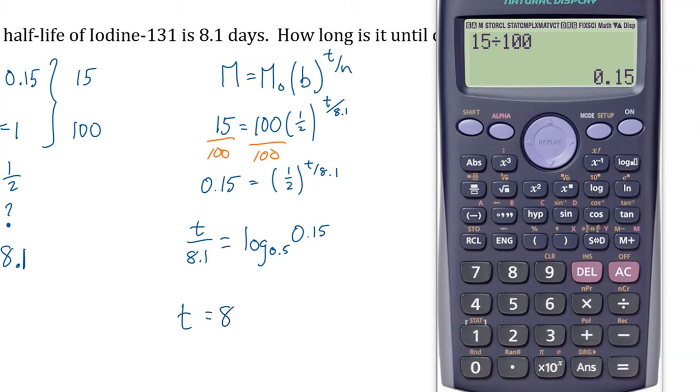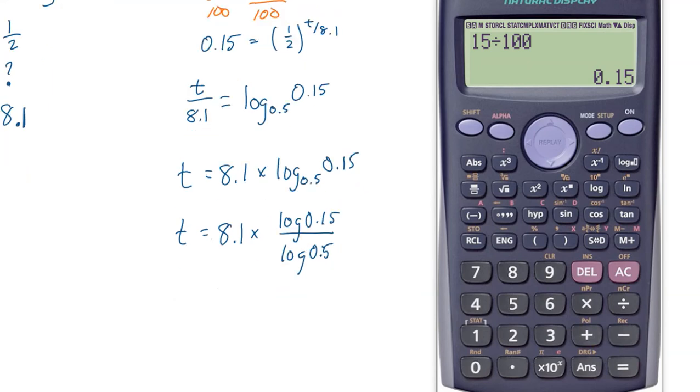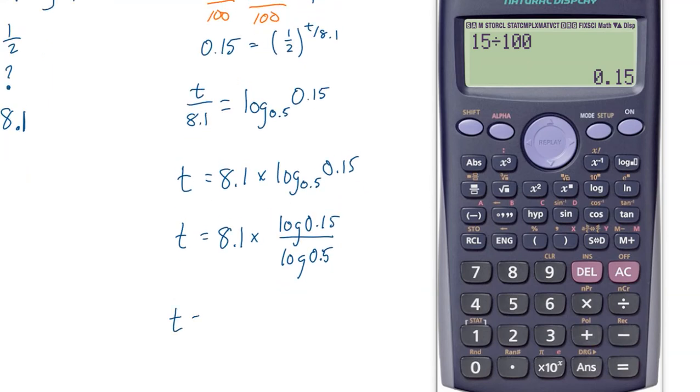T equals 8.1 times log base 0.5 of 0.15. And if you're using the change of base formula, it's 8.1 times log 0.15 over log of 0.5, and then into the calculator.